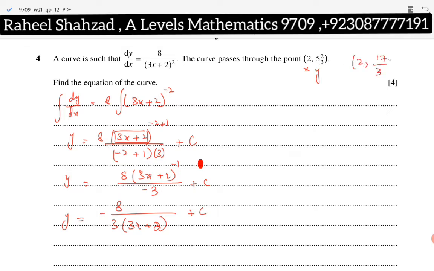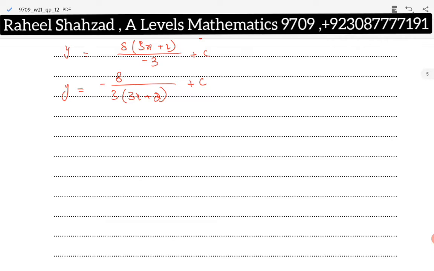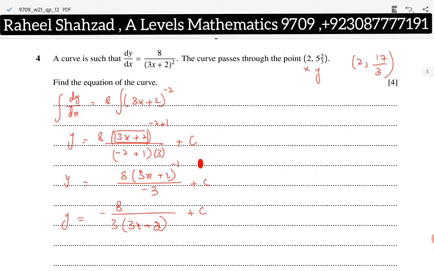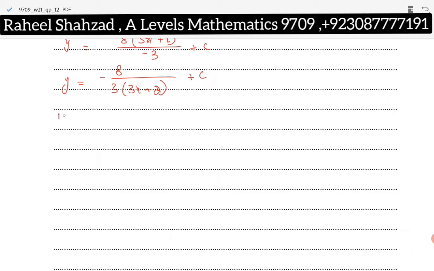So let's substitute the values of x and y, 2 and 17 by 3. 17 by 3 is equal to minus 8 divided by 3 times 6 plus 2, plus the constant of integration. So 17 by 3 is equal to minus 8 divided by 3 times 8, plus c.